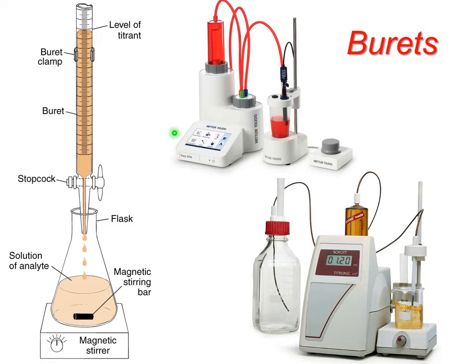Their tolerances depend on manufacturer and on precision, and they are usually slightly better than Class A tolerances for glass burettes. We'll be using both types. Some titrators are completely automatic, so no human involvement in the titration process itself. Still, if you put the wrong sample, you're getting the wrong result.